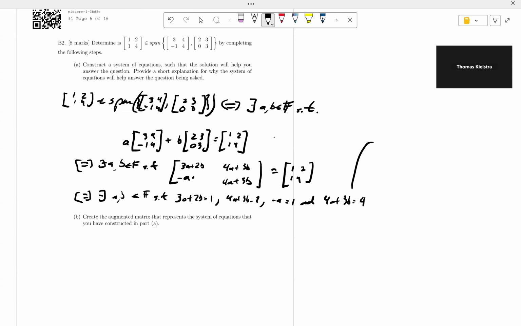Finally, this is true if and only if AB is a solution to the system of equations.